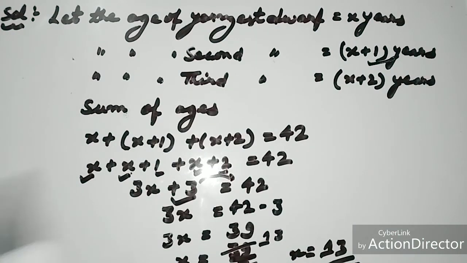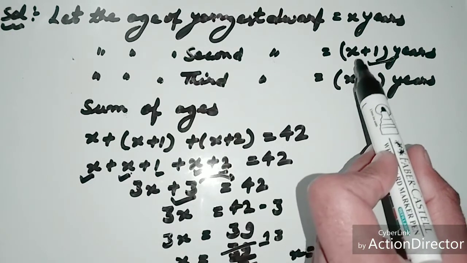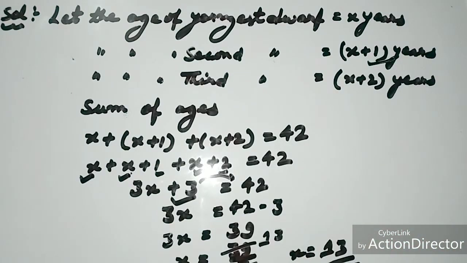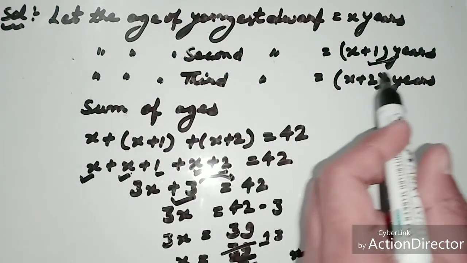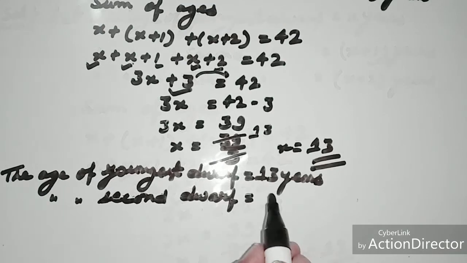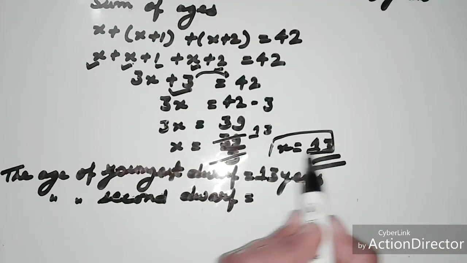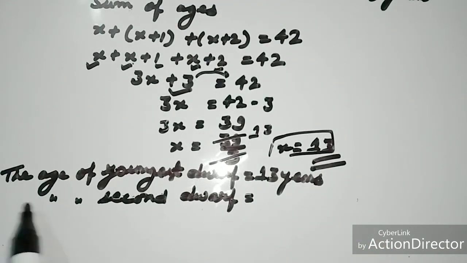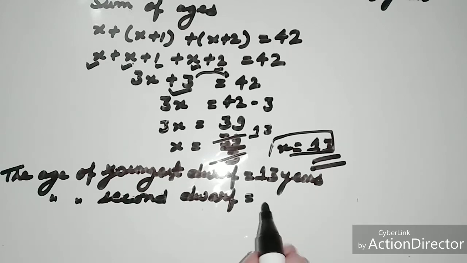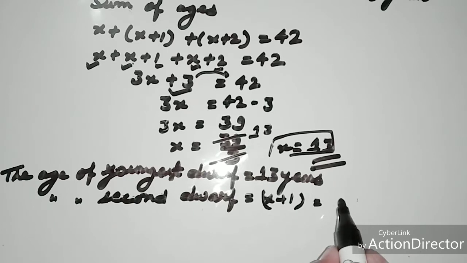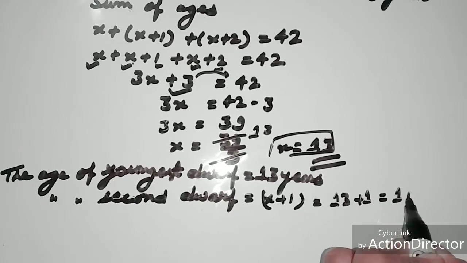Now the value of x is 13, so we add 13 plus 1, 14 years. So the age of the second dwarf is 14 years.